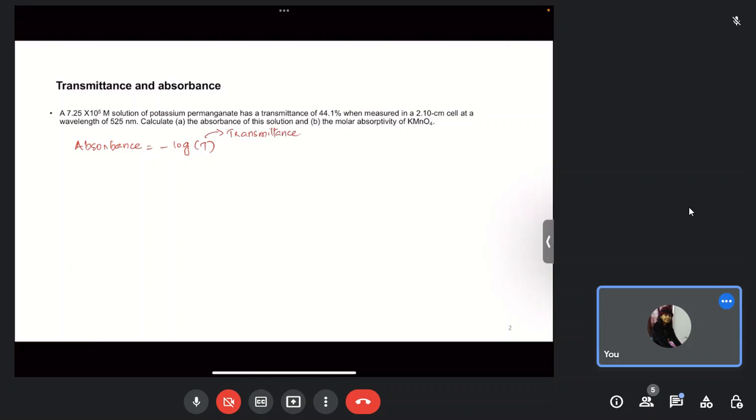Absorbance gives us information about how much incident radiation has been absorbed by the sample.